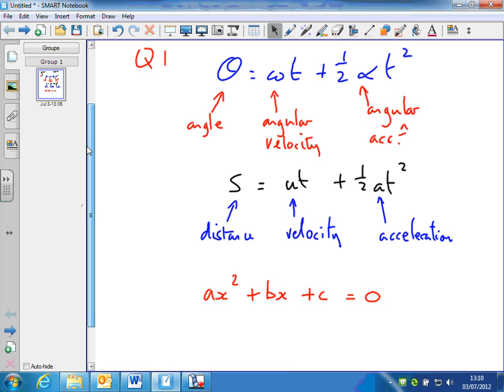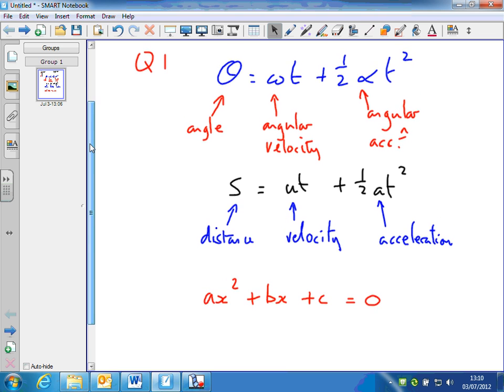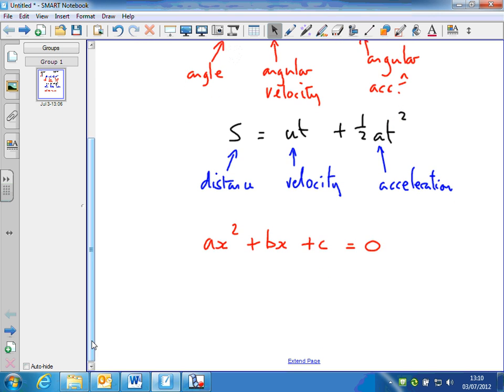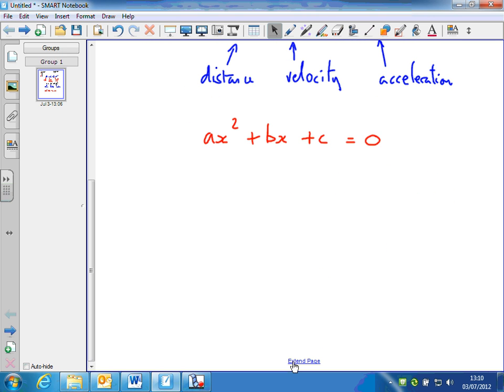So you can have a go putting the numbers in, but I'll go through the solution here. So we need to find theta in this particular question, I think. No, determine the time taken for a given value. So what we need to do first of all is to put the values in.